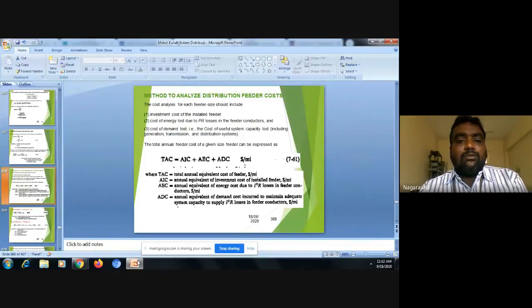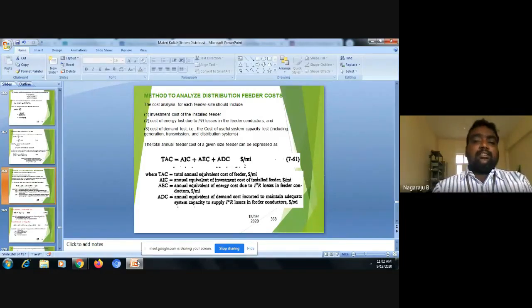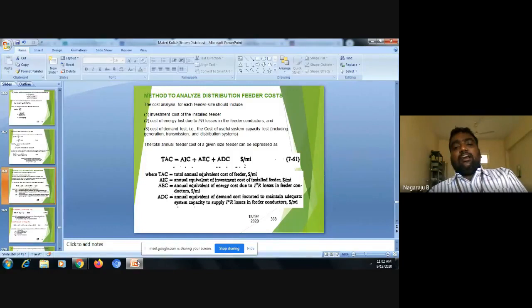Three things you need to remember, and I am once again saying: to analyze the cost of a particular feeder size, you need to go for three. One is the investment cost of the feeder. Second is the cost of energy lost due to the I square R losses, and third is the cost of demand lost.